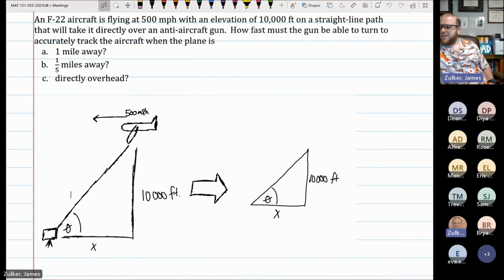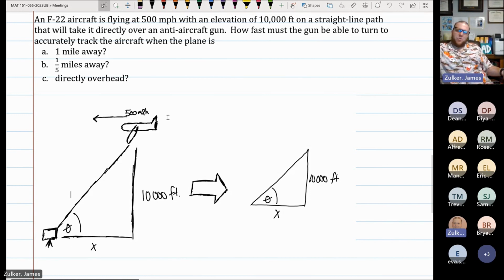Right, so here what we're doing is we're letting x represent the horizontal distance the plane is away from the gun. We're assuming that it's flying at a constant 10,000 foot elevation.